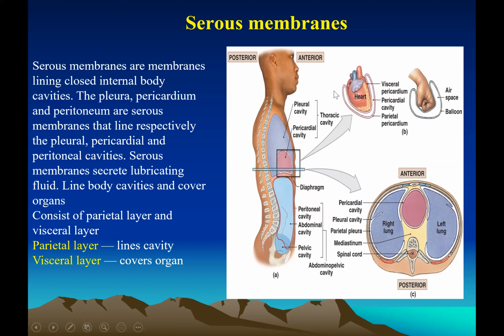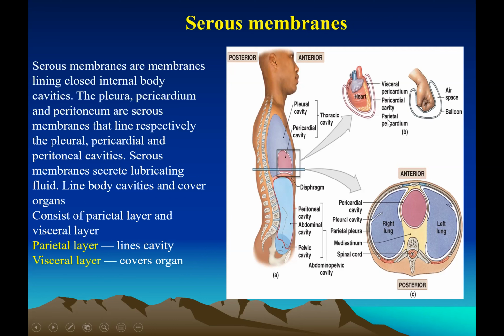Serous membranes are membranes that line internal body cavities. The pleural cavity, pericardial cavity, and peritoneum are the serous membranes that line the pleura. Pericardia is the heart, and the peritoneum protects the abdominal cavity. If you take the heart, visceral pericardium is the membrane that's sticking to the heart.